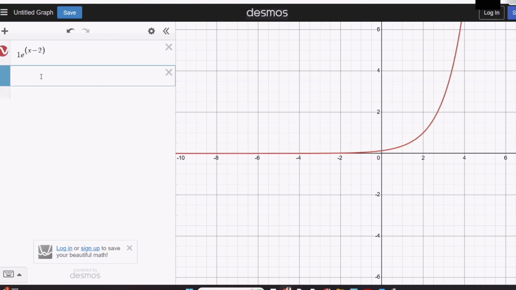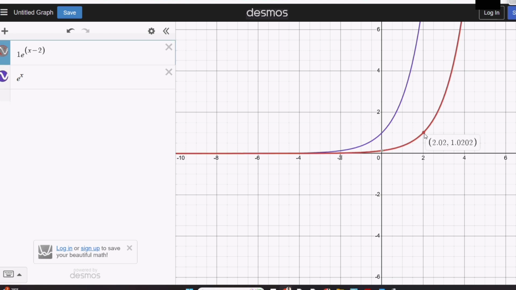Compared to my original, e raised to the x, here's my original. And so this should get shifted over 2 spots. So instead of being at 0, 1, it should be at 2, 1. And yeah, it is. I can't quite click exactly, but it would be right there at the point 2, 1. That's if it's shifted left to right.